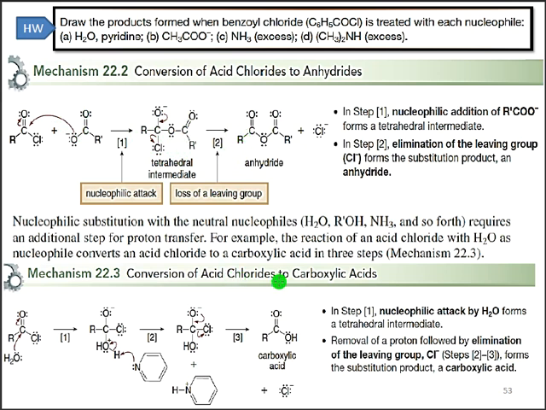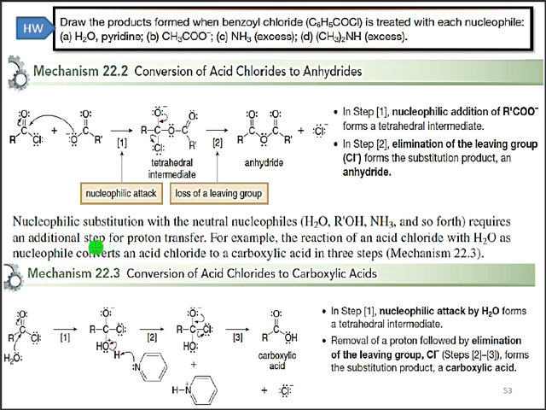But if you have a neutral nucleophile, as I said before, you have an additional step to remove the proton, to equalize the positive charge on the nucleophile atom. Then you can say nucleophilic substitution with a neutral nucleophile like H2O, alcohol, or ammonia requires an additional step, not just two steps, three steps: 1, 2, 3.